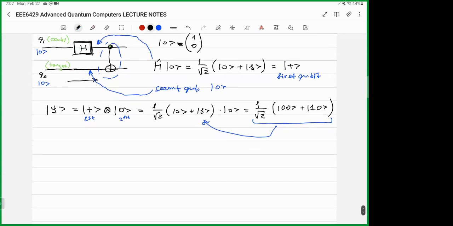But then this CNOT gate comes into the story.